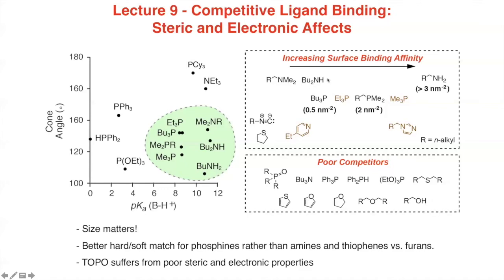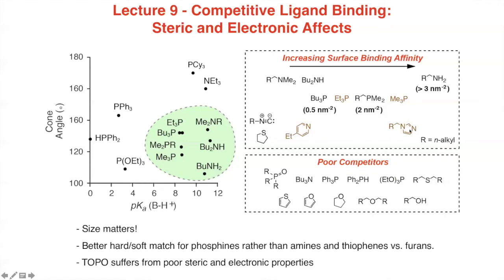So does dibutylamine, and then N-butylamine, the primary amine, proves to be most effective. Also, in this series of trialkyl phosphines, going from butyl to ethyl to methyl has a large measurable impact on the competition.